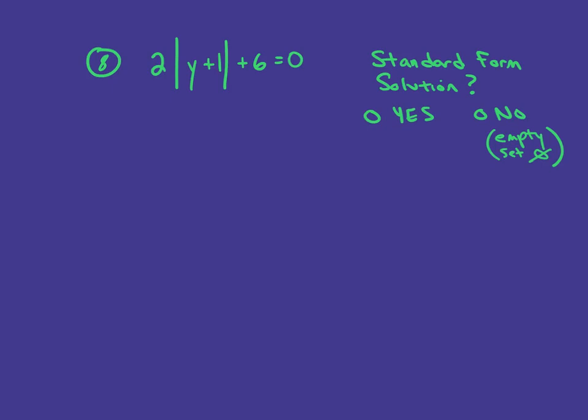Number 8, they're going to ask you about standard form solution. And so all we're going to do is get the absolute value by itself, and then we'll make some determination whether or not it has a standard form solution. So we'll subtract 6.